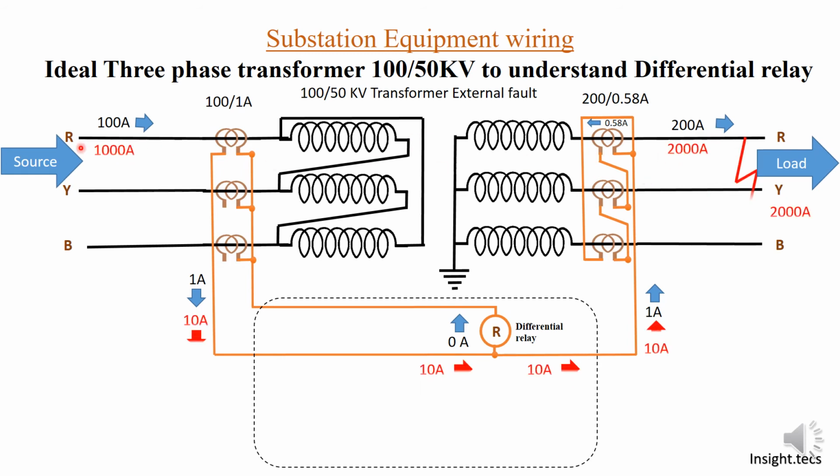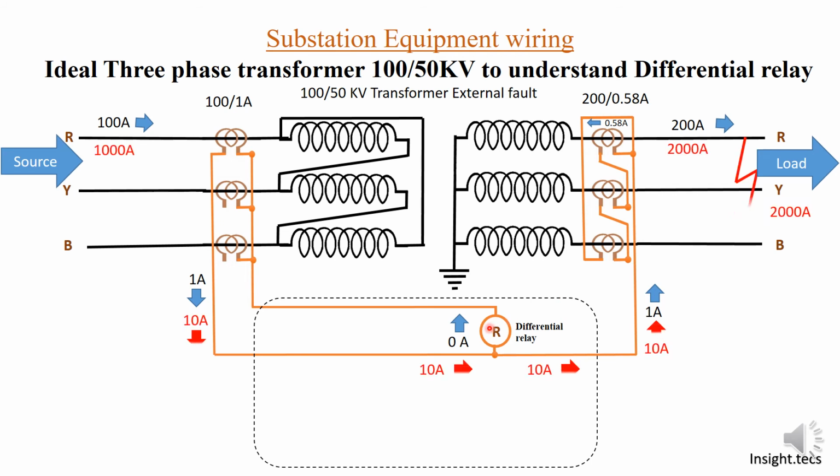Now what happens, because of this 1000 amperes and this CT ratio of 100 by 1, we are having a 10 amperes current flowing on the primary side, and on the secondary side, because of the CT ratio, we will be getting 10 amperes current. Again, it is understood why this 10 amperes, right? Because of this CT ratio, as I explained earlier.